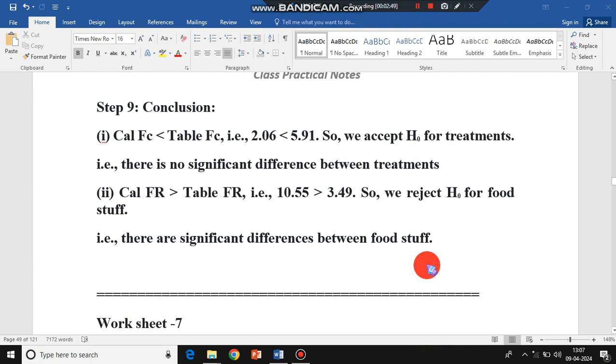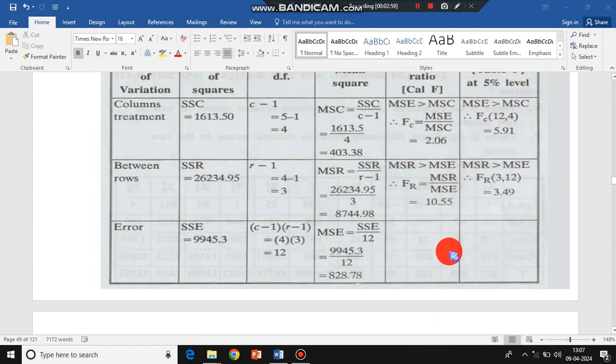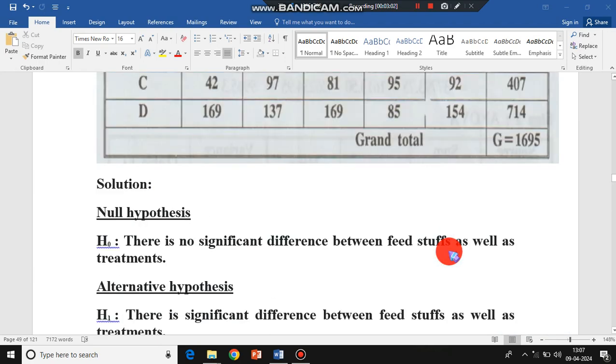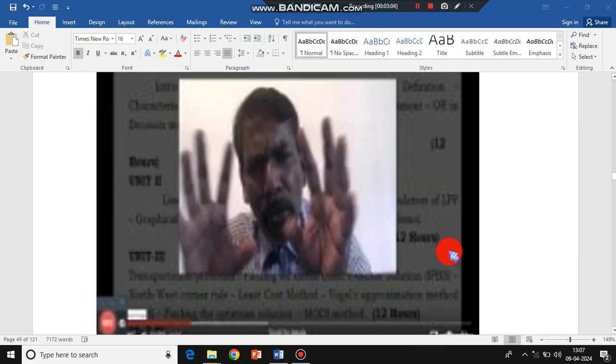So dear students, I have taken the class nearly 1 hour, and I advise that you play this problem again and again, so that you will get a wonderful idea about solving the problem of two-way analysis.